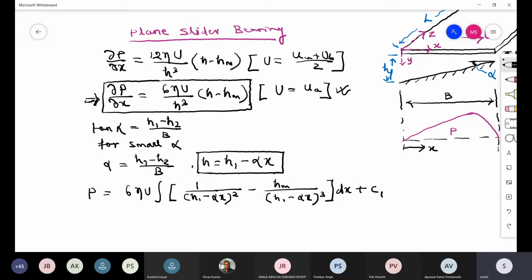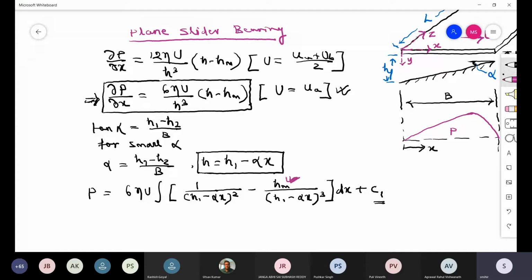Now in this equation, you can see we have two constants. One is C1 and another is your HM. HM is also not known. C1 is also not known.